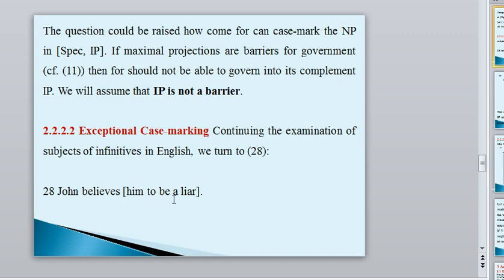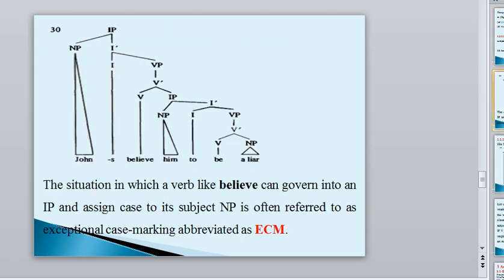You see here, this is an infinitive clause, him to be a liar. So the verb believes can govern him, the subject of the subordinate clause, and can give it an accusative case. So we can say John believes him to be a liar, and you see in the tree diagram this governing. So we call it ECM, or exceptional case marking.